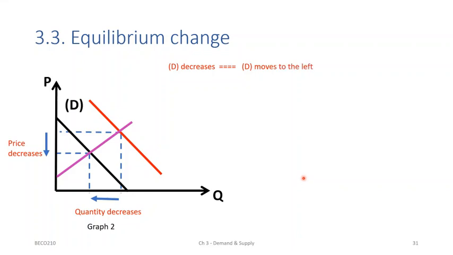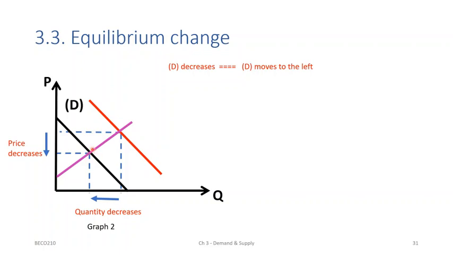Now, the demand decreases, the demand moves to the left. The red is the old demand, the black is the new demand. As you see, the demand moves to the left. The equilibrium between red and purple is the first equilibrium.